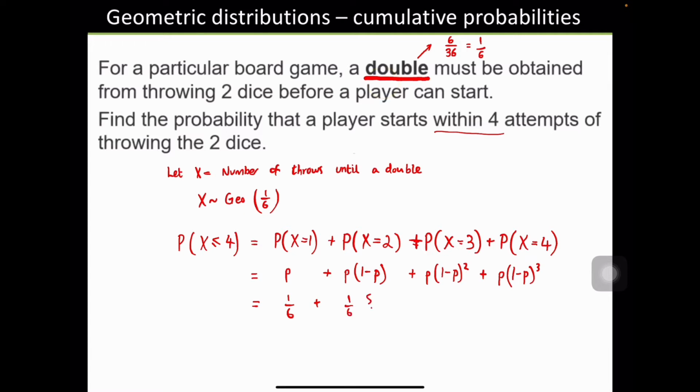So it would be 5/6 squared, and sorry, the last one should be cubed. Using a calculator, we get 671 over 1296, and if we write that as a decimal, that is 0.518 to 3 decimal places.